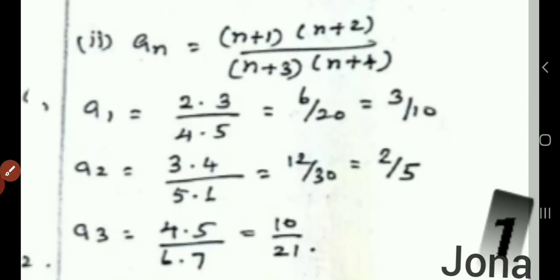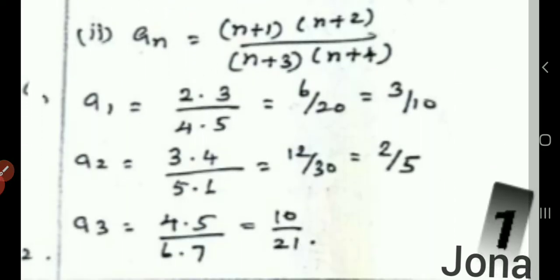Second problem. Here it is given an equal to n plus 1 into n plus 2 divided by n plus 3 into n plus 4. Substitute a1, that is n equal to 1. So we have 2 into 3 divided by 4 into 5, which is 6 by 20.